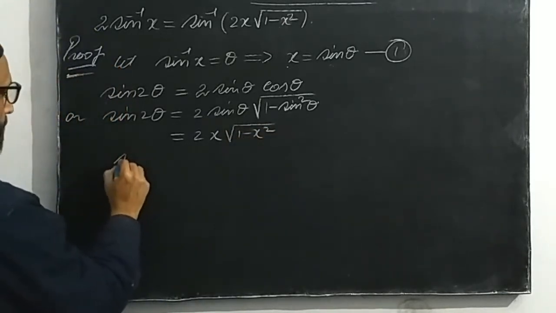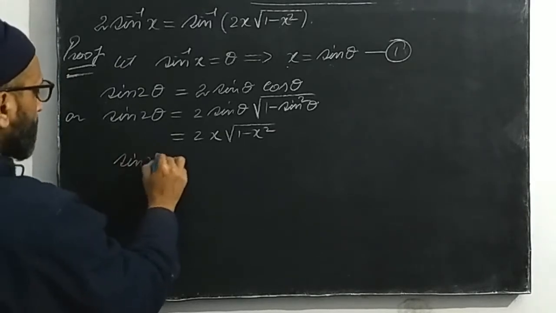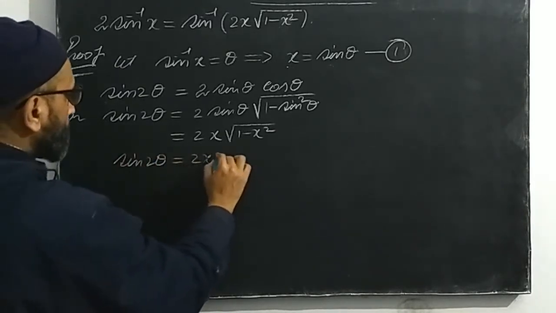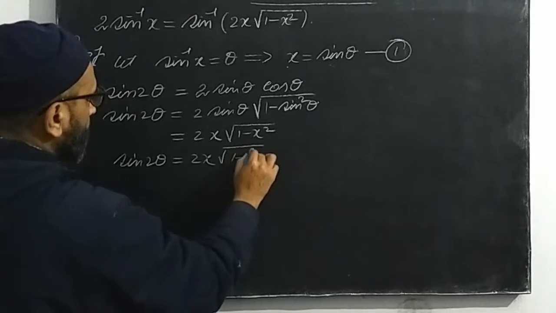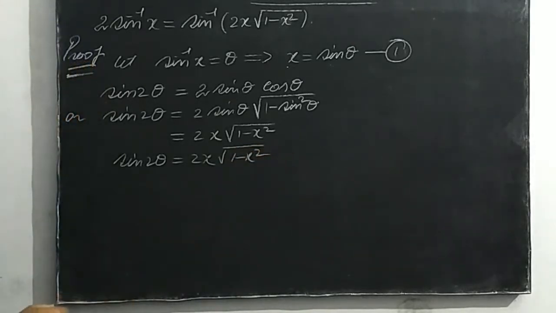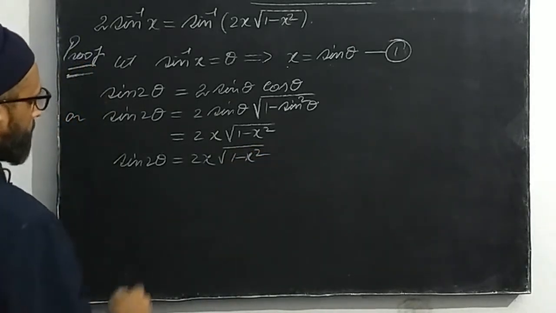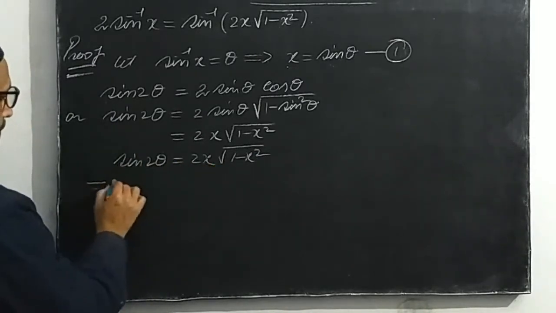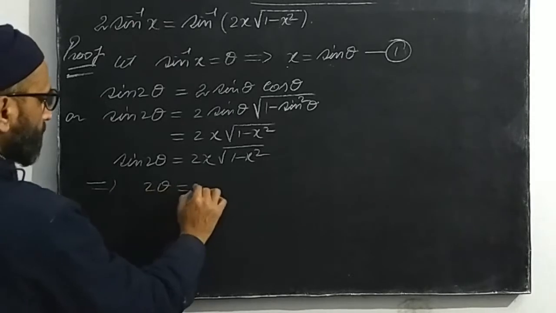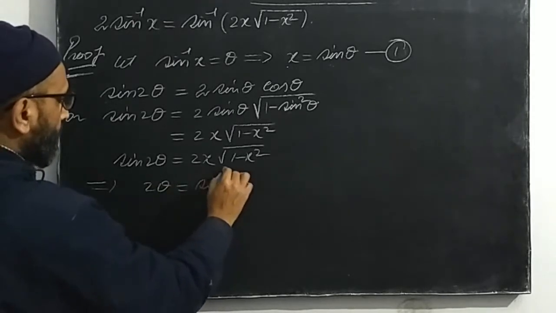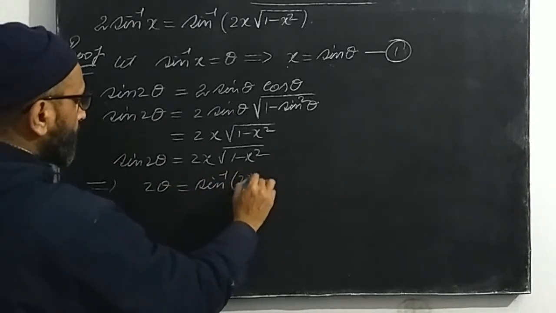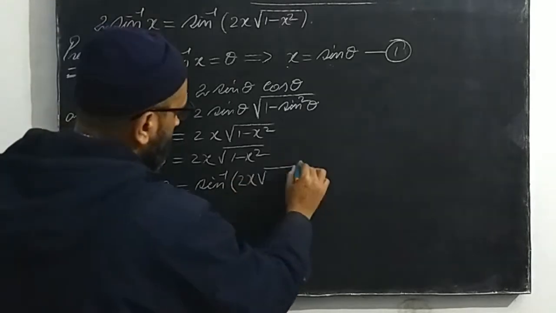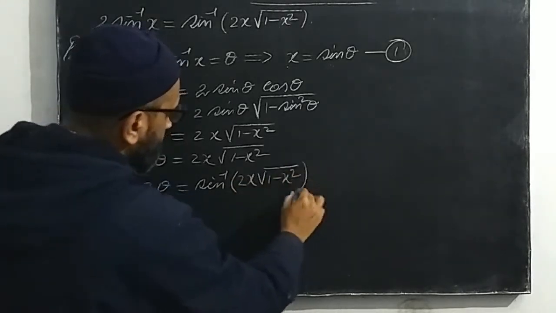So finally we have sine 2 theta is equal to 2x under root 1 minus x square. Now by inverse trigonometric functions concept, if sine 2 theta is equal to 2x under root 1 minus x square, it implies that 2 theta is equal to sine inverse bracket 2x under root 1 minus x square.